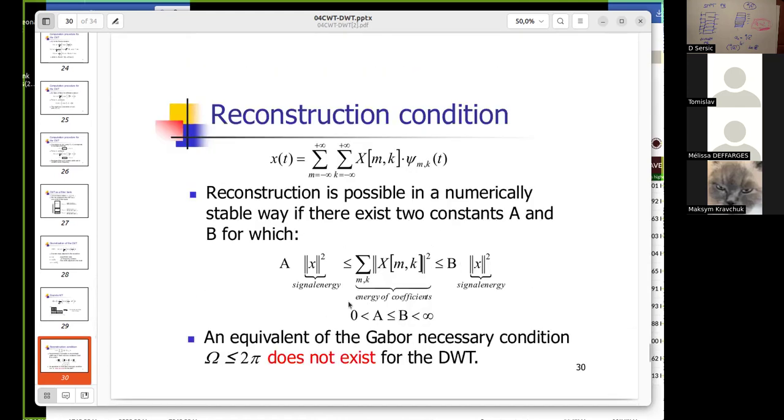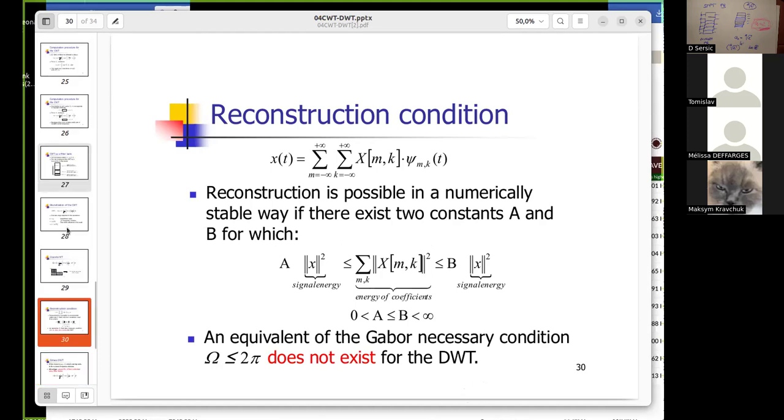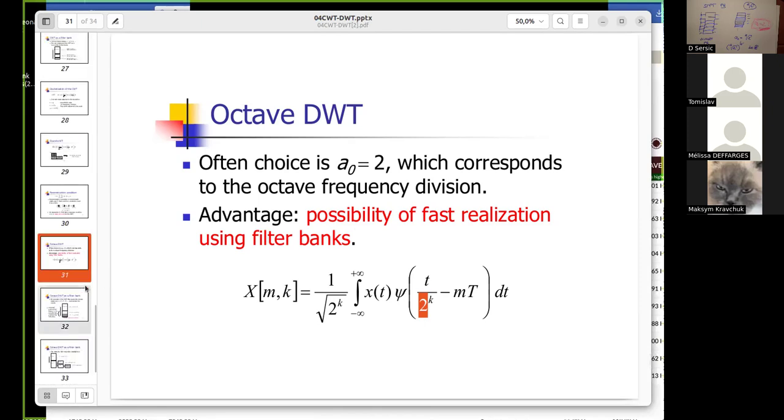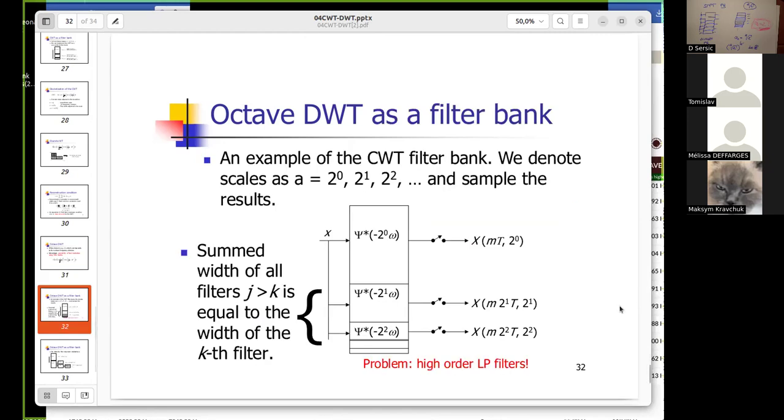This is that famous frame condition, which is out of scope of our course, but I'm just mentioning it for completeness. And if our a0 equals 2, if we jump over octaves, we can design a fast realization using filter banks, and that is our next task, but for next week.